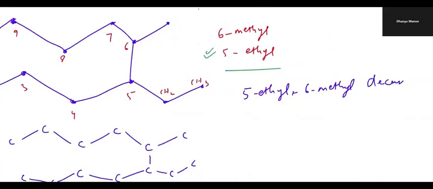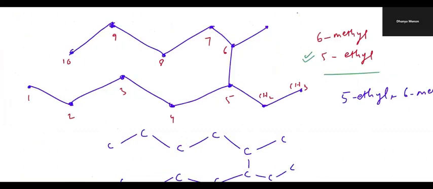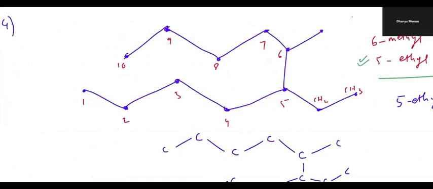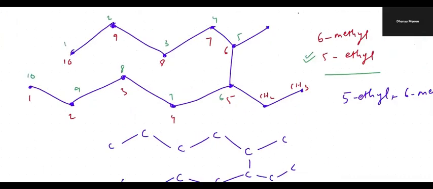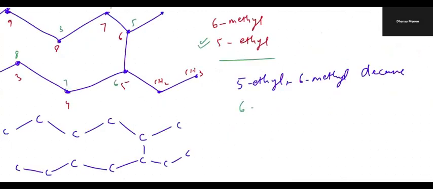When we number it from here, 1, 2, 3, 4, 5, 6, 7, 8, 9, 10, we get what? 6 ethyl, 5 methyl, decene.